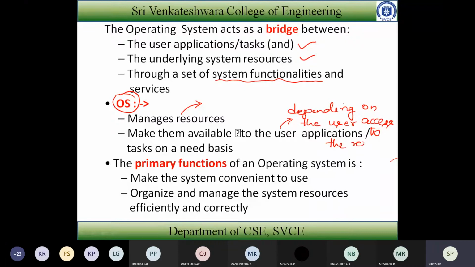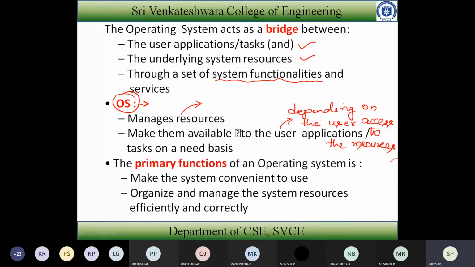After seeing the functionality of the OS and what the operating system behaves as, let's come to the primary function of the operating system. What will be the primary function? It has to make the system convenient to use.